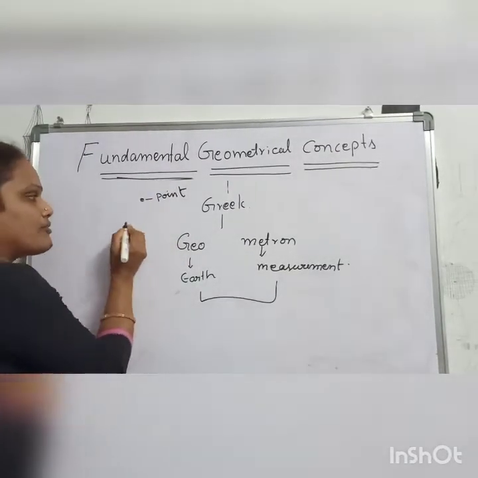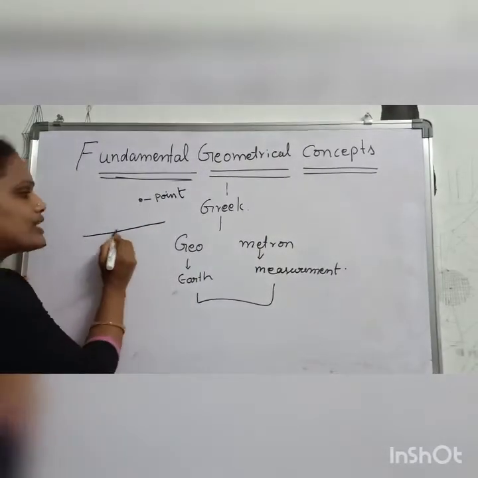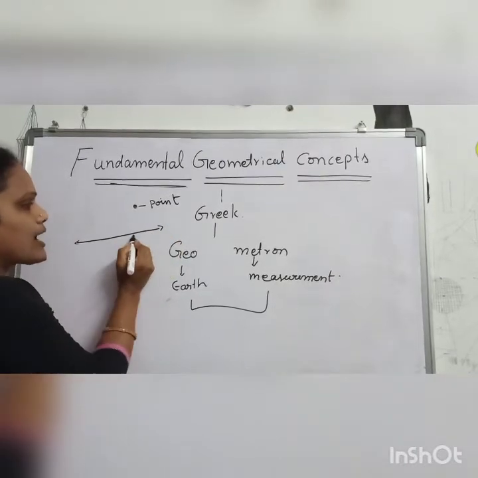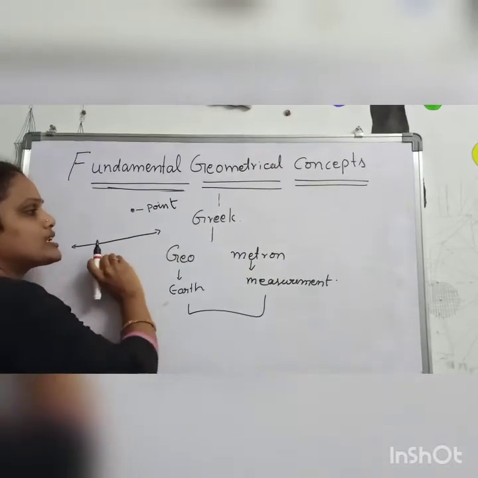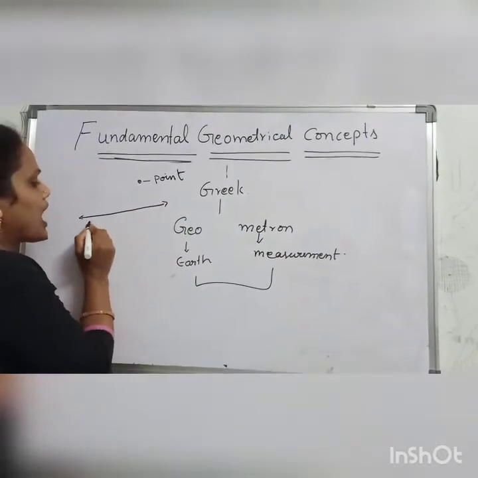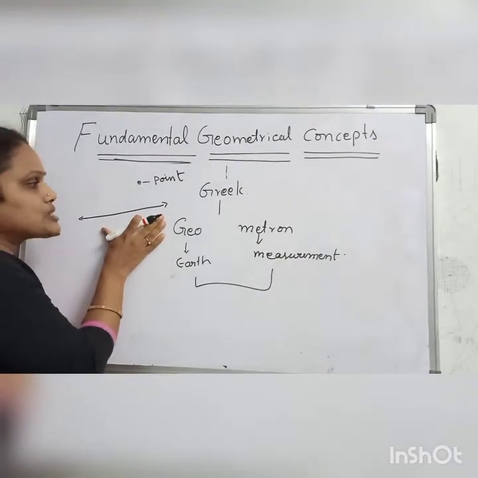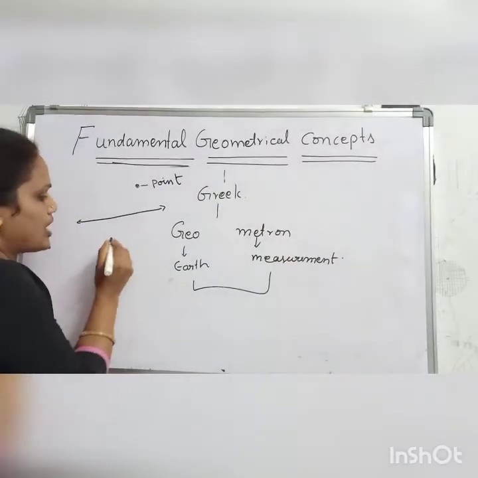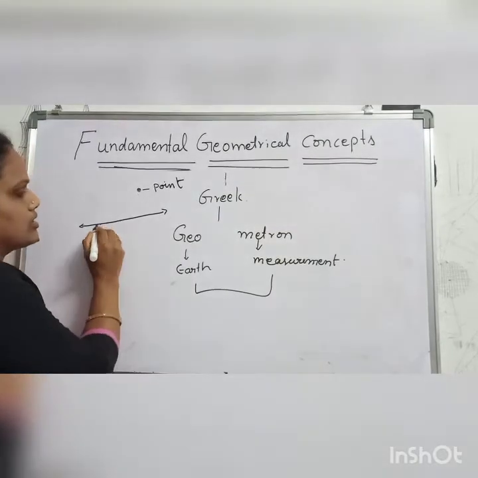Next, after this, the line. What is a line? It goes to the right side with no ending, and the left side also has no ending; it continues endlessly. So we can't measure the length of a line, we can just represent the line.